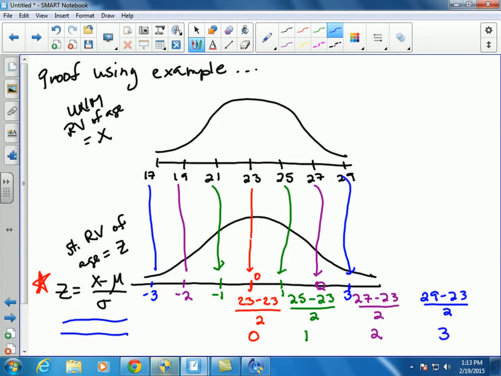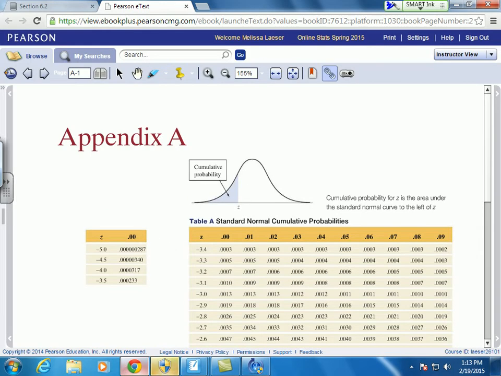Okay, so what this does is it allows us to compute probabilities inside there. So what I want to do is show you how the tables work. I'm going to move right now into your textbook. So I just pulled up on Pearson your Appendix A textbook.